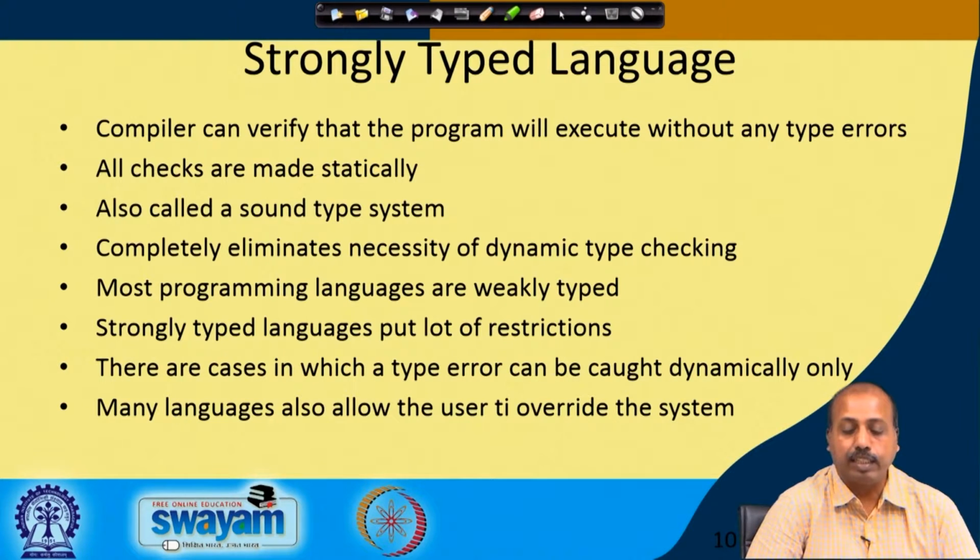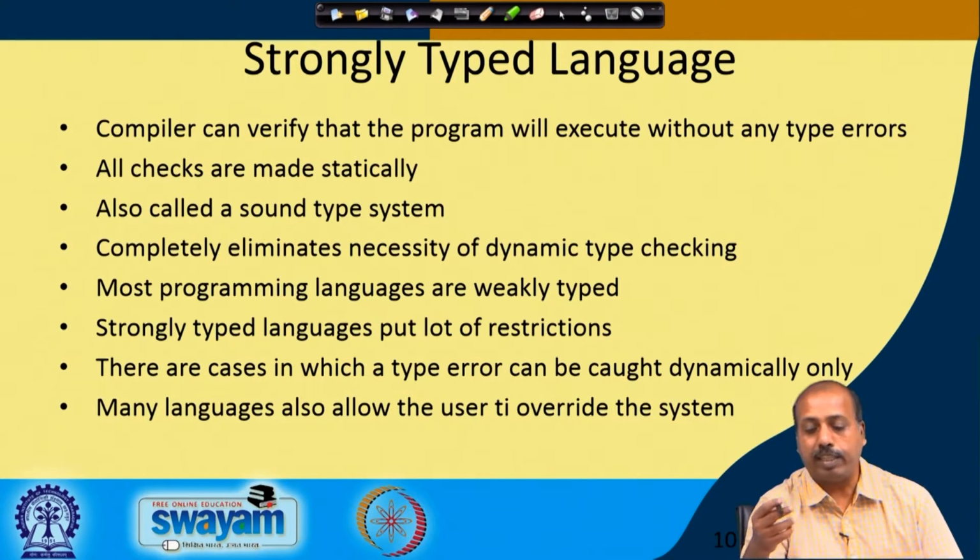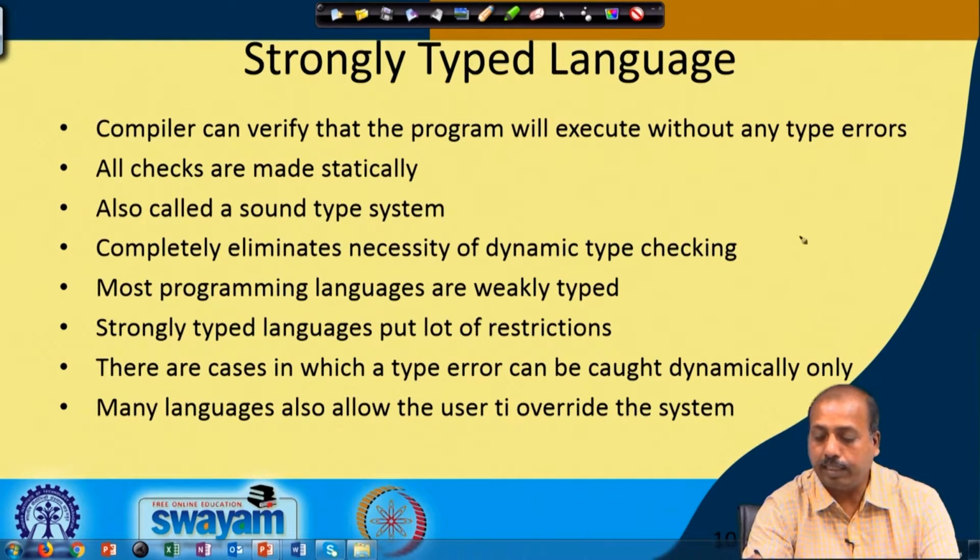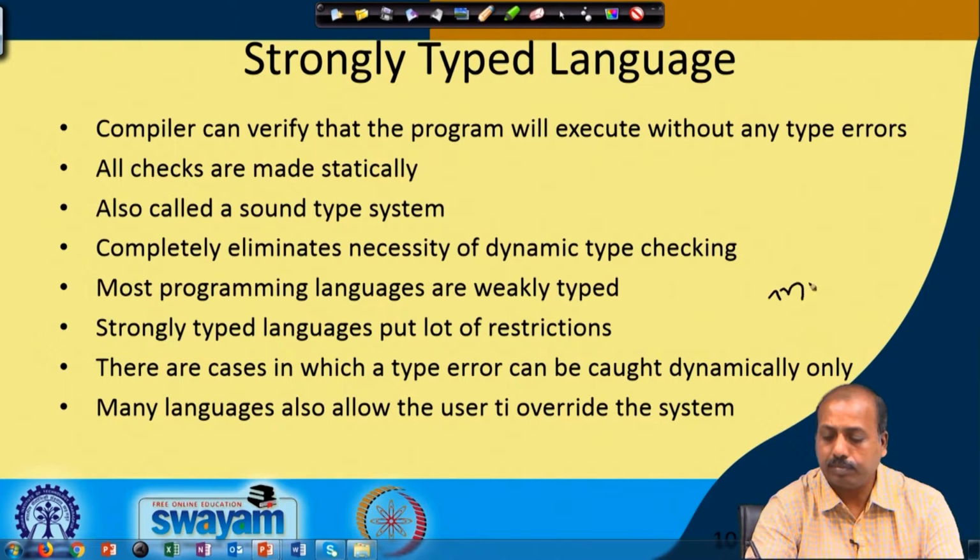So, most programming languages are weakly typed, because strongly typed languages put a lot of restrictions on the programmers, like whenever you are defining a function, you should have its type specified, even for the language C. If the function definition comes later, say I have defined the function f1 at this point, and somewhere earlier I am calling the function f1, say x equal to f1, something like this.